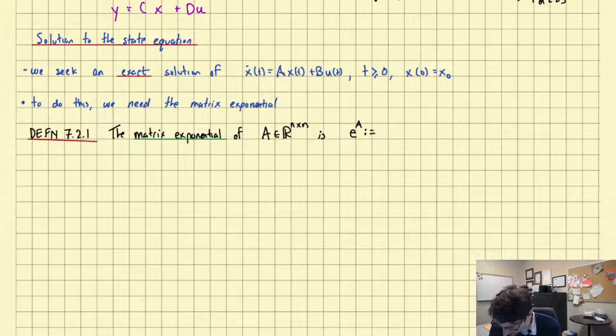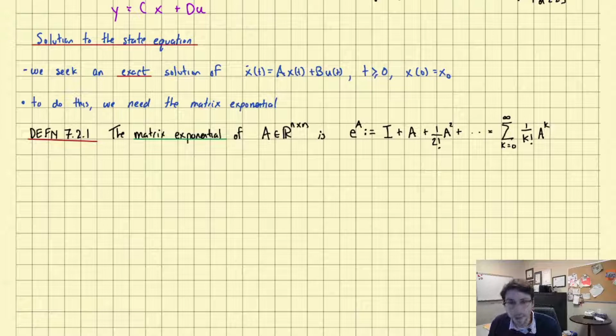So I'm going to write this as I plus A plus 1 over 2 factorial A squared, etc., etc. So it's going to be the usual exponential, right? So if A was a scalar, this would be your familiar exponential, but it's a matrix now.